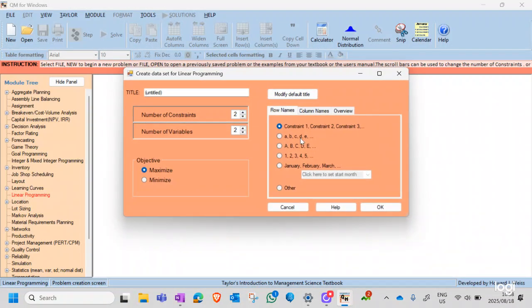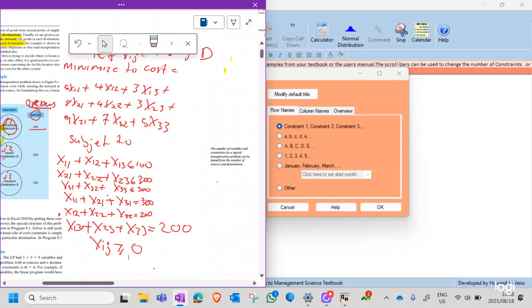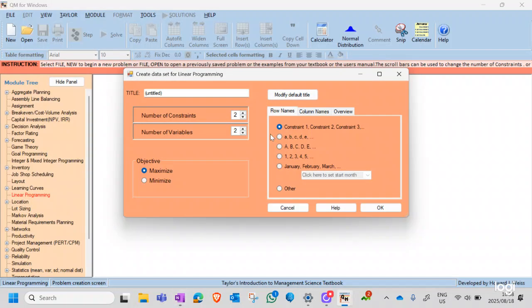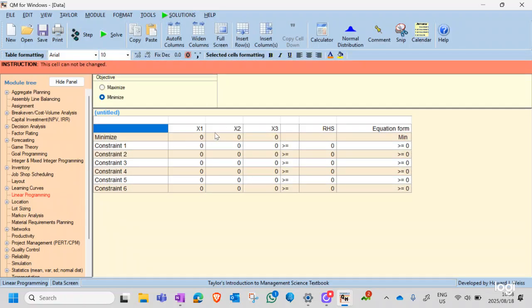It's a linear programming problem. How many constraints? You go here, you count 1 2 3 4 5 6. Then going across, 1 2 3. 3 variables, 6 constraints. We are minimizing cost. Click OK. Then you're gonna get that.